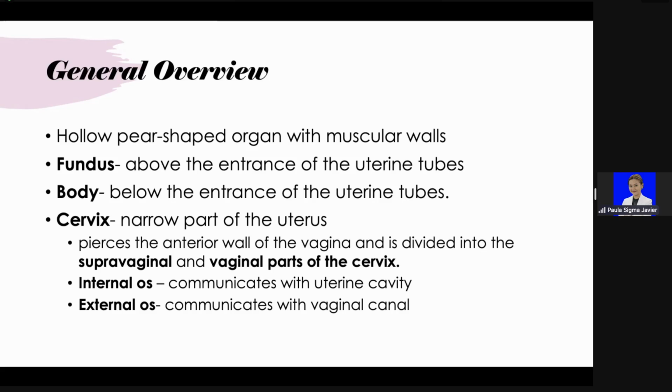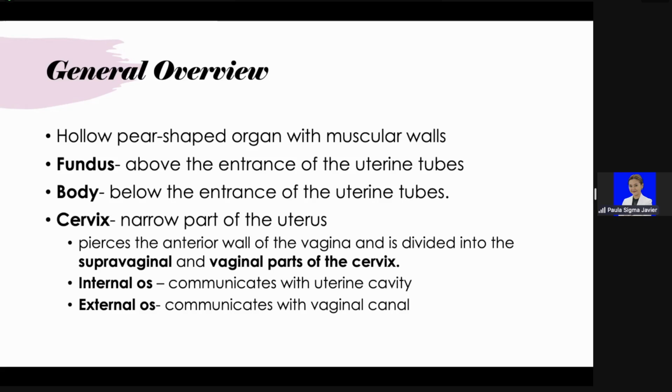When you go into obstetrics or when you have your junior internship, you will hear about the cervix a lot because this is what we assess in order to check whether the patient is in active labor or not. This is the one that gets dilated or effaced. So this is how you assess a pregnant patient.